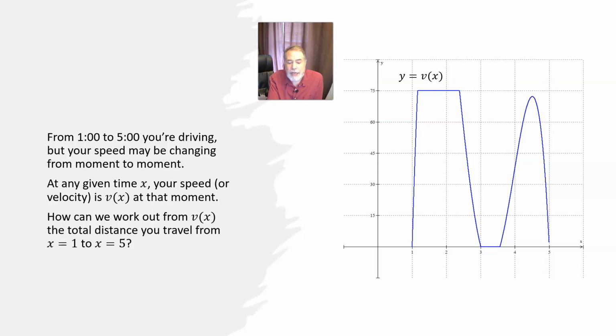So we can treat it as if you're going one particular constant speed just during that one particular interval. And the distance you cover during that short interval is that speed times that short amount of time. Then add up all the distances that you covered during all of those little tiny short intervals of time to get the total distance that you traveled during the whole time from 1 to 5 o'clock.